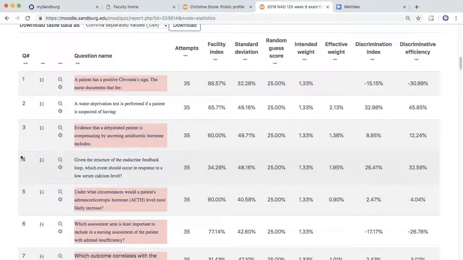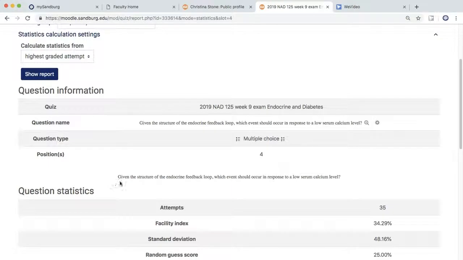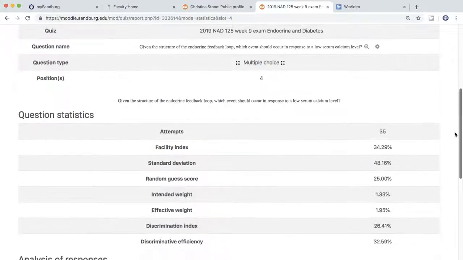So if I look at question number 4 at 34%, if I click the question, I come through here and review the question. Given the structure of the endocrine feedback loop, which event should occur in response to a low serum calcium level?